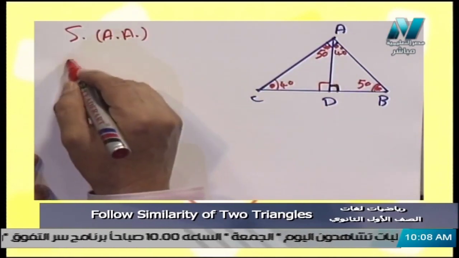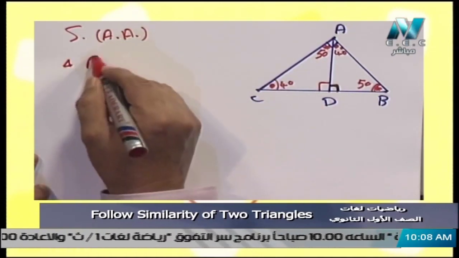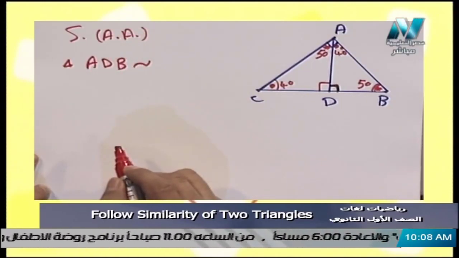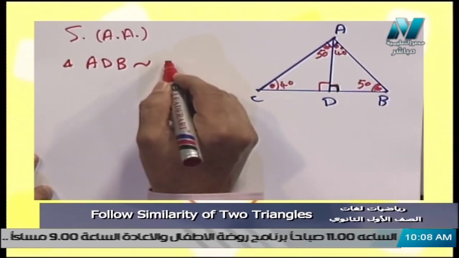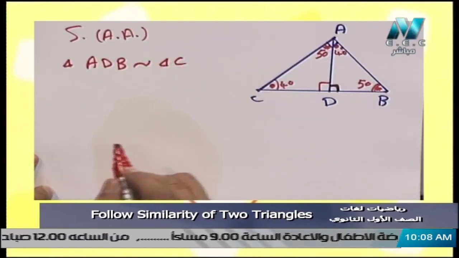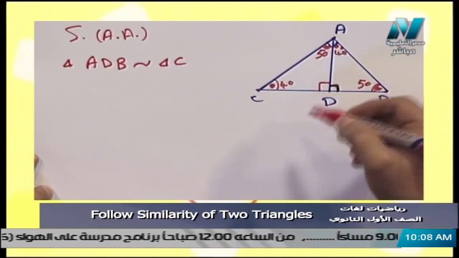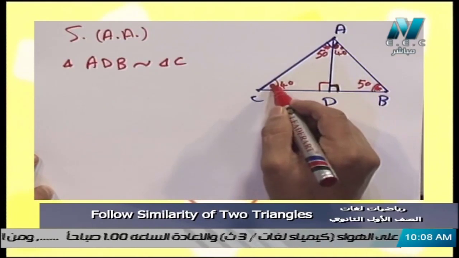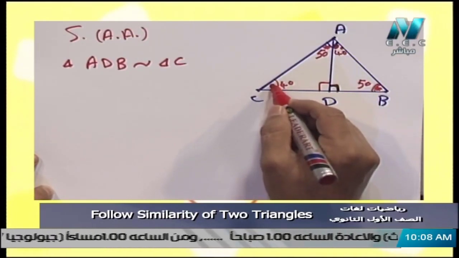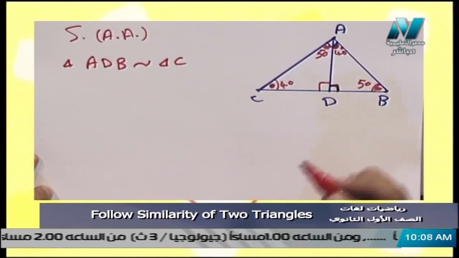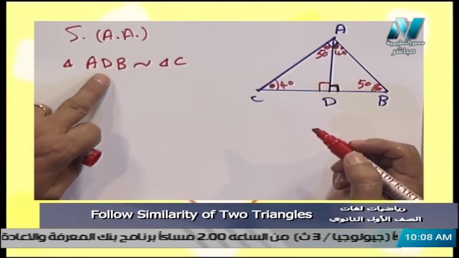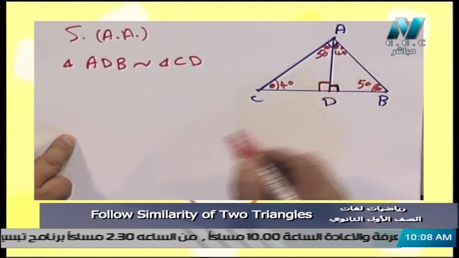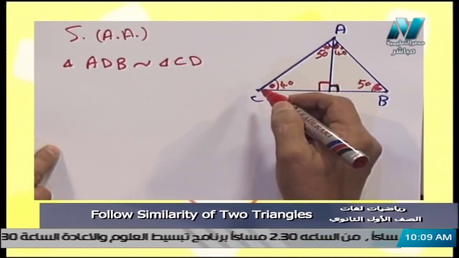So triangle ADB of course will be similar to triangle CDA. A is 40 or dot here, so it's corresponding to C, which is 40 also, and D here is right angle, so D also is right angle in the other triangle.